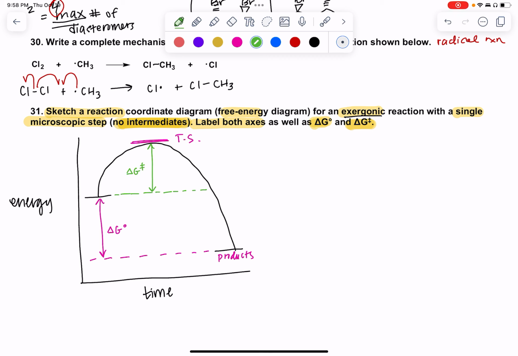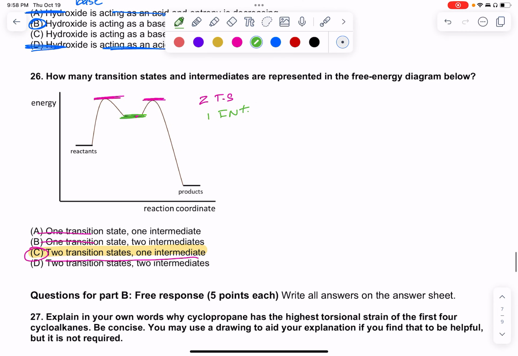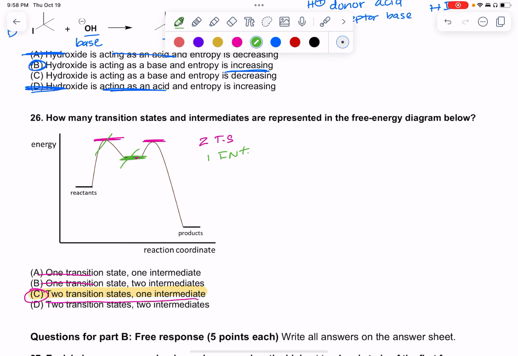We saw an example of a transition state with an intermediate up here. Is it right here? Yeah. So if we wanted to label this one, we would say, well, here's our transition states. And our products are lower than our reactants. So this is exergonic or exothermic, however you want to put it. I'm just going to call it exo.